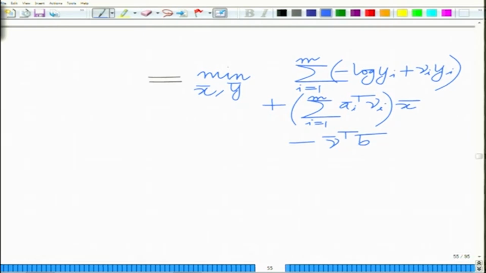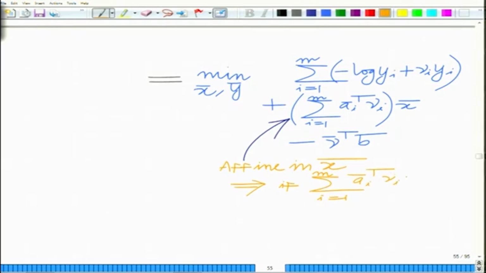Okay. Now again you can see the following thing, this is affine in x bar, which implies that if summation i equal to 1 to m of ai bar transpose nu i is not equal to 0, then your g of nu bar, that is the minimum, is minus infinity.